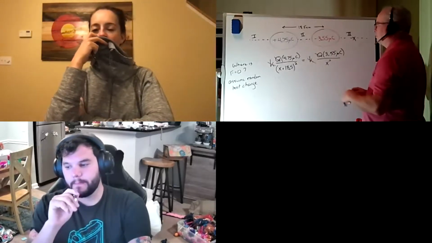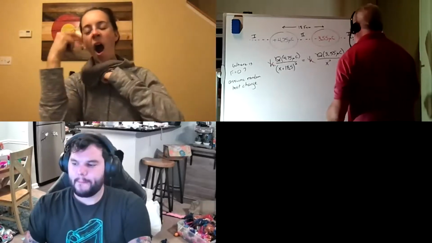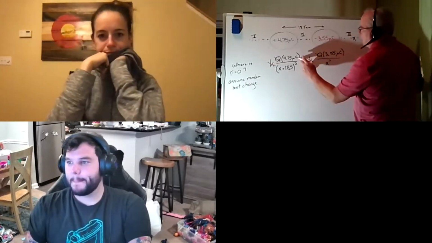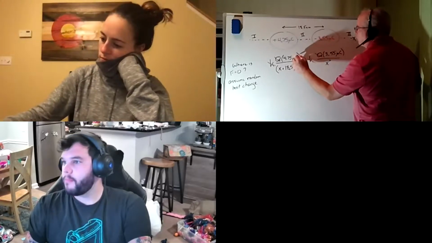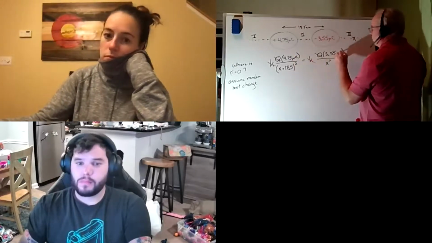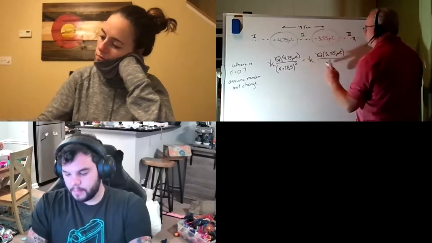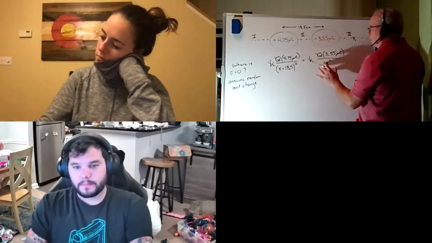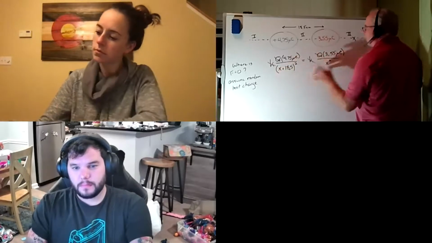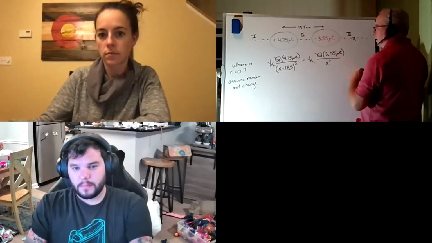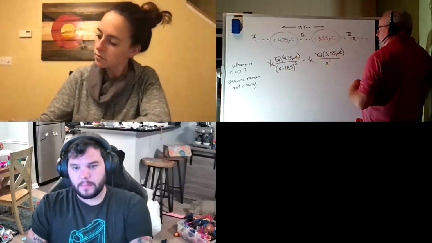All right, a little more on fields on Monday, but what else cancels? The microcoulombs are gone too. Awesome. And now how do you solve this? Well, we're going to do a little bit of cross multiplication. Multiply both sides by x squared, bring this over here, and use the distributive property. Multiply everything out.